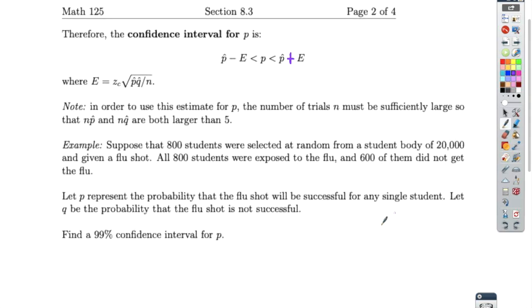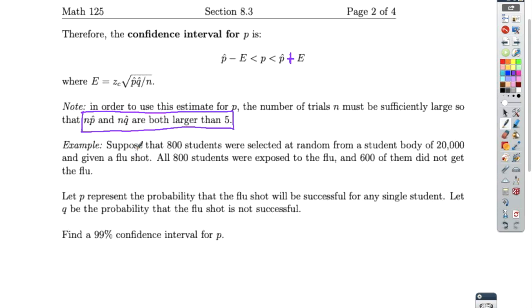Okay, so the same criteria do apply. In order to use this estimate for the mean, the number of trials must be sufficiently large so that both N P hat and N Q hat are larger than 5. Okay, so with that in mind, going back to the same example from the warm-up.